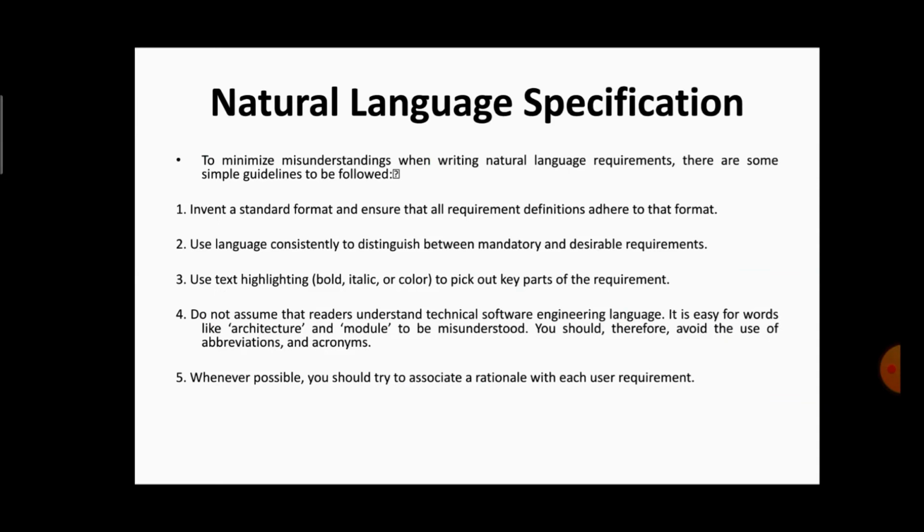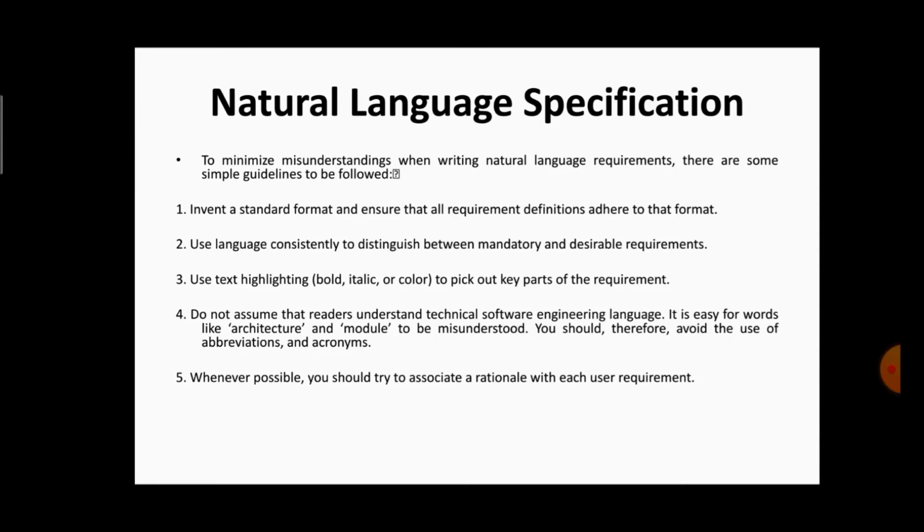So natural language specification, as you know: to minimize misunderstanding when writing natural language requirements, there are some simple guidelines to be followed. Natural language specification means you can write the requirements using a language like English, right? While writing this type of requirements, you have to follow some rules.